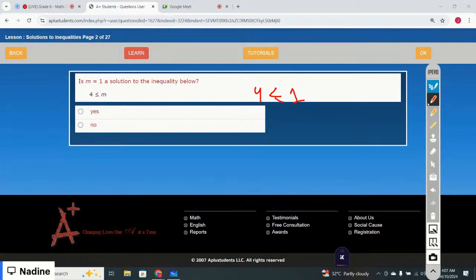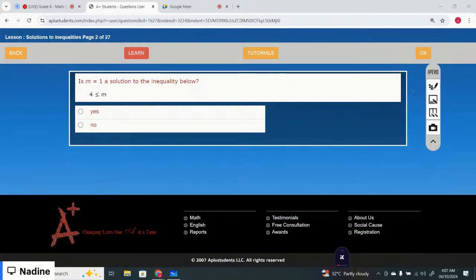Is it true or false? That is no. 4 is not less than or equal to 1. The correct option is no.